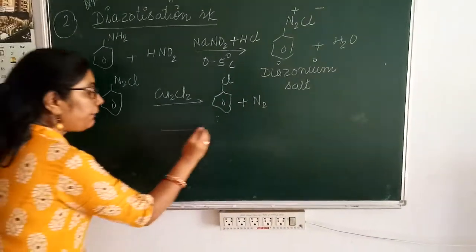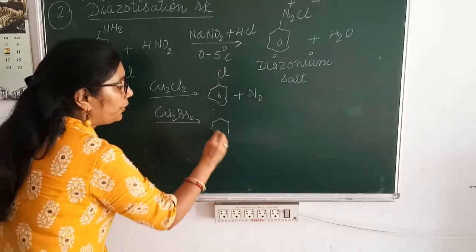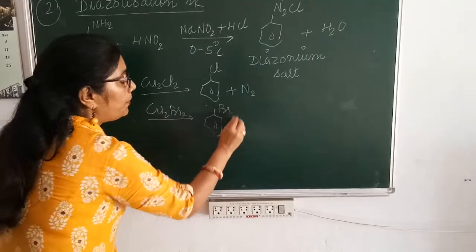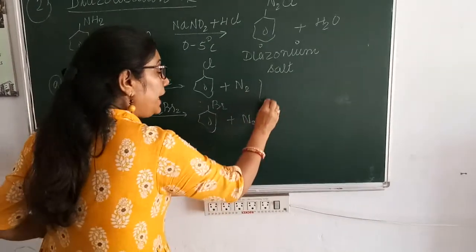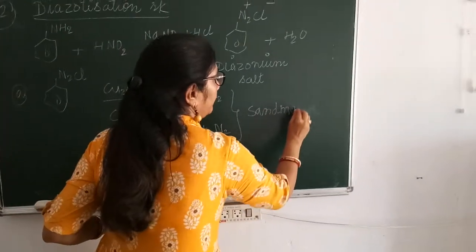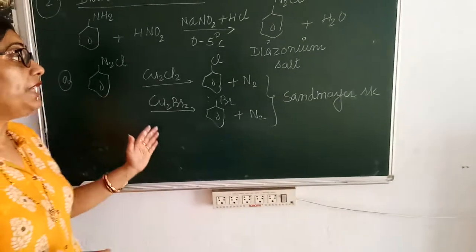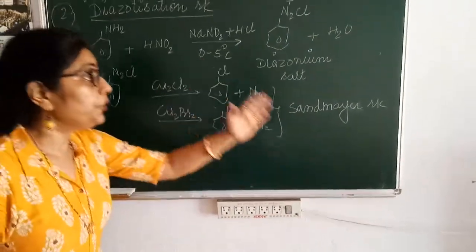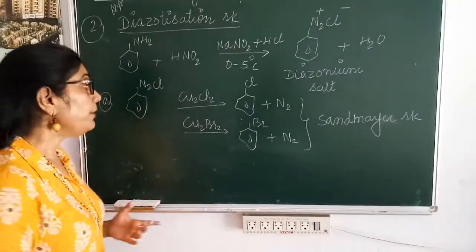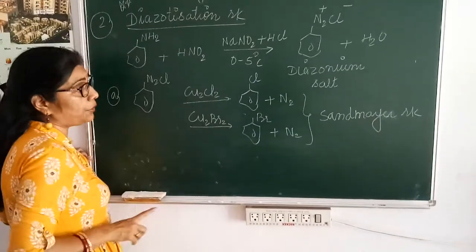Okay, and if we use Cu2Br2, then the product will be bromobenzene, and the name of this reaction is the Sandmeyer reaction. Okay, it is a very important name reaction for writing short notes, write the chemical equation for Sandmeyer and so on. So what do we use here? Copper 1 chloride or cuprous chloride.